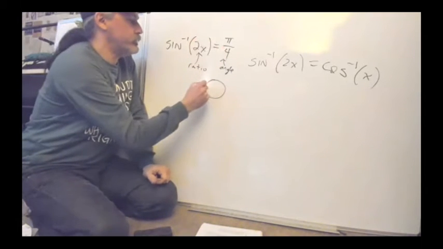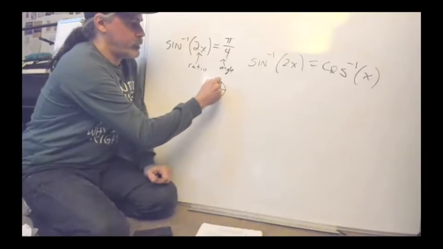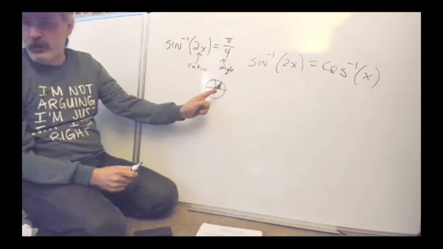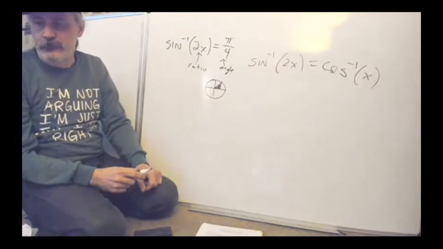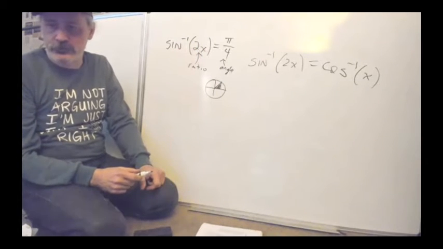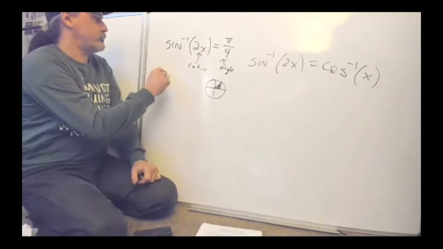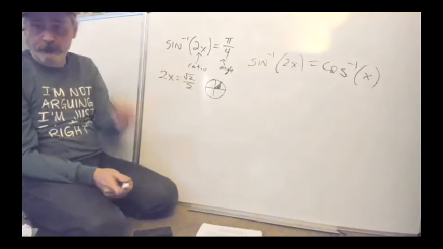So we already know where that is. Right? And we already know what pi over 4's sine ratio is. It's root 2 over 2. Okay, so 2x equals root 2 over 2. And then you solve that.